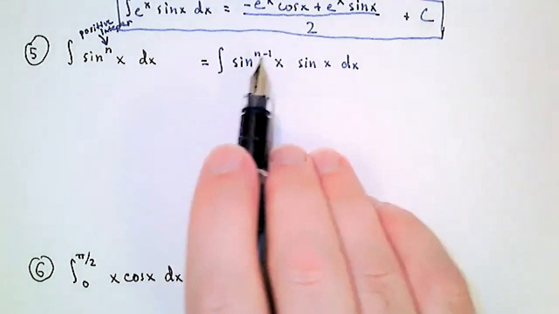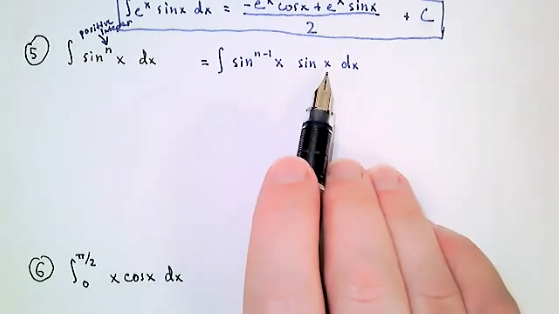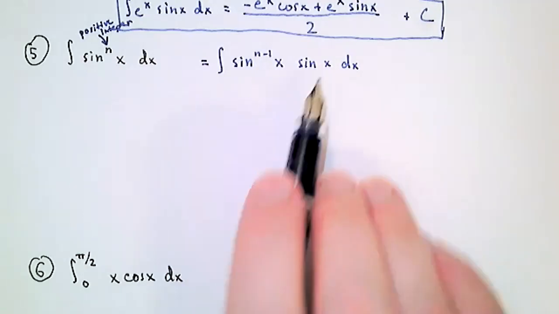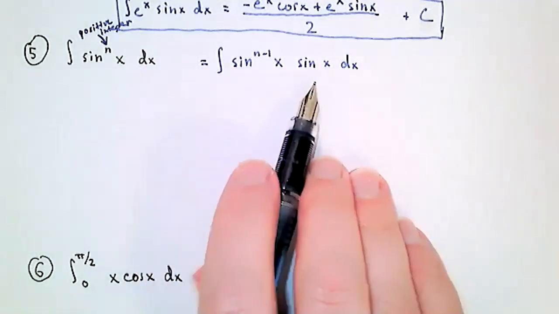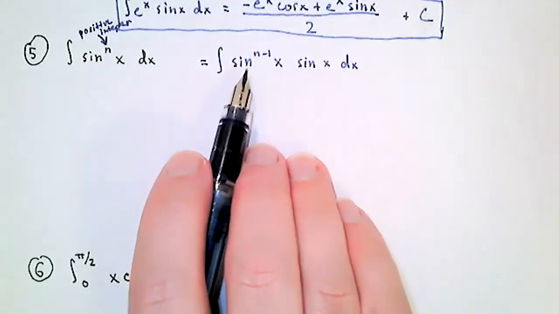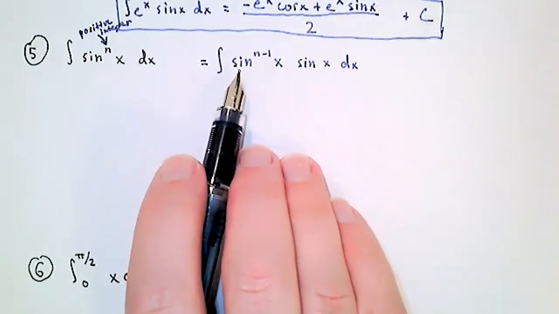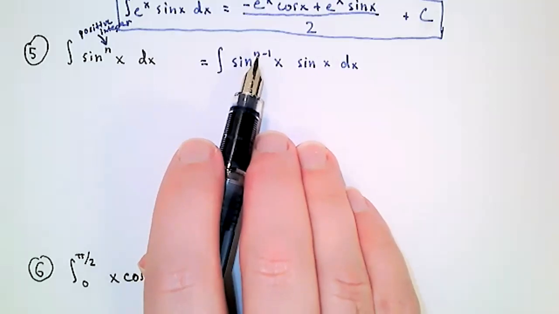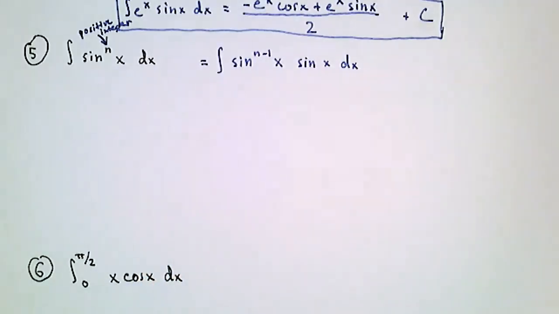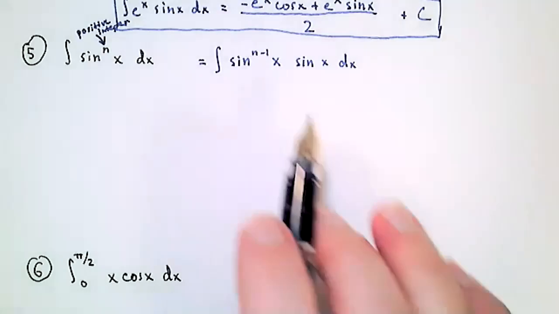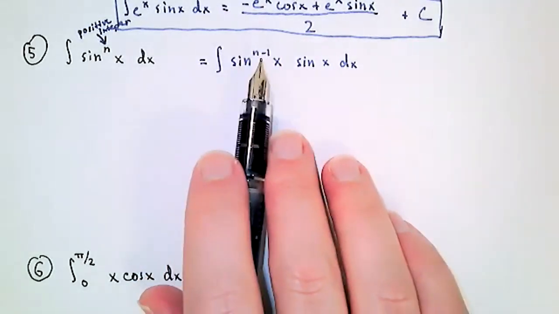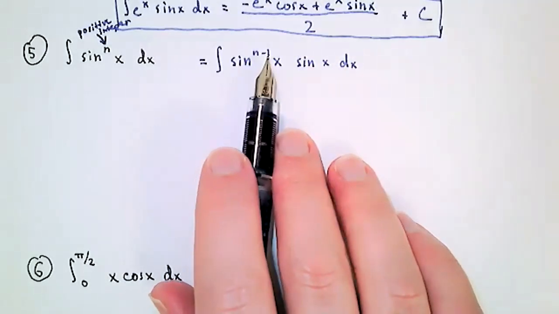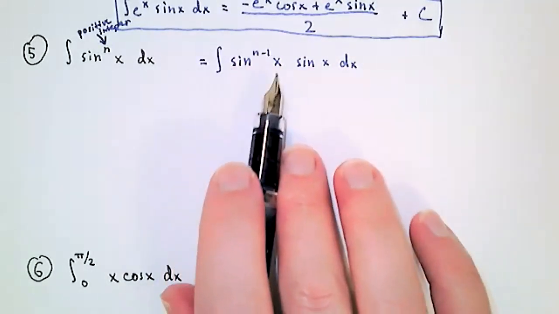We have sine to the n minus 1 of x, and I've broken off the 1 over here. And these are going to be my two functions: sine to the n minus 1 power of x times sine x. I'm going to pick sine to the n minus 1 to be my u, because I can actually find a derivative of this.